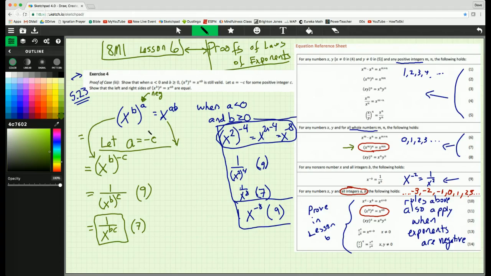So let's do this substitution over here and say, well, I know that this has to equal x to the negative CB, right? Because I just substituted A for negative C. Both of these steps were just substitution.